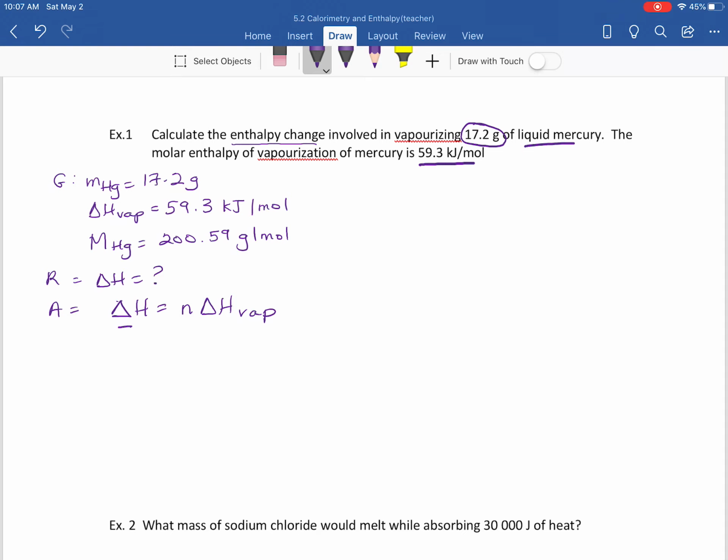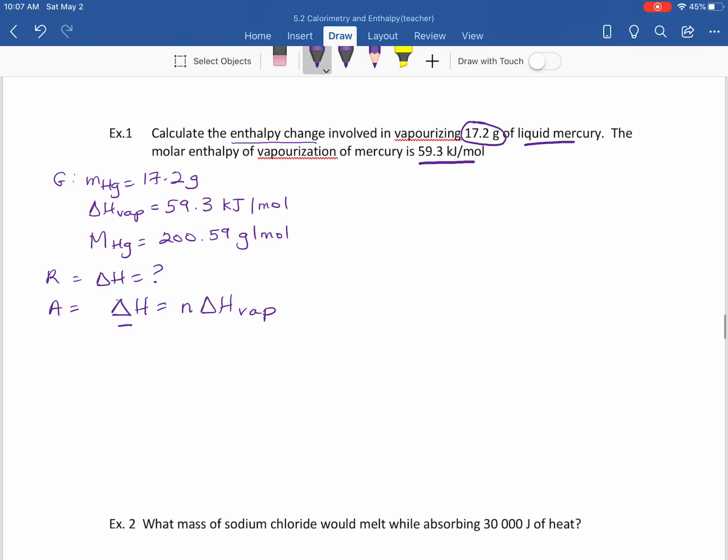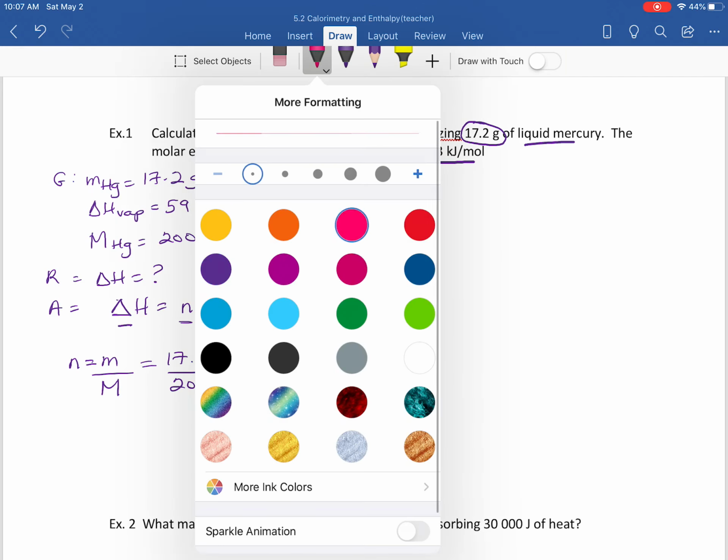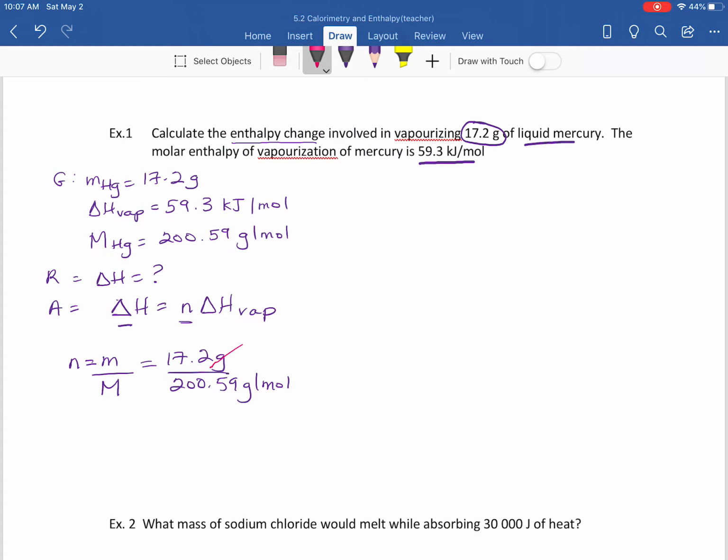all right, so let's think about this. Enthalpy change equals moles times the molar enthalpy of vaporization. So when I plug this in, we need to figure out the number of moles first. So this is a part that we need to remember. Don't forget, moles equals mass over molar mass. 17.2 grams divided by 200.59 grams per mole.